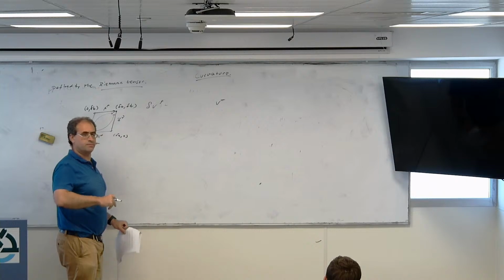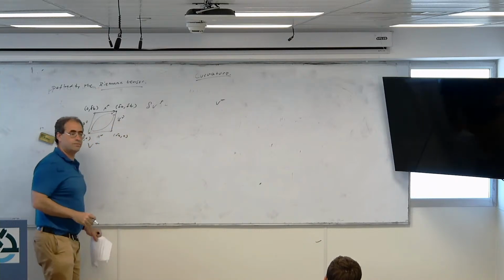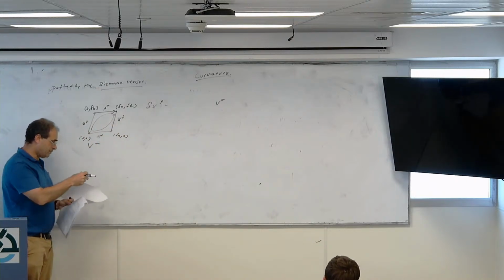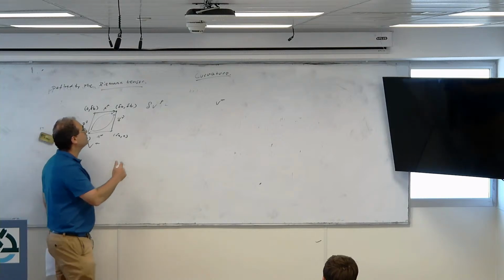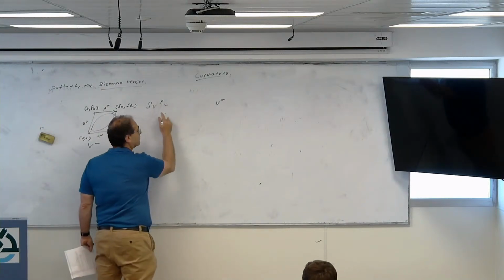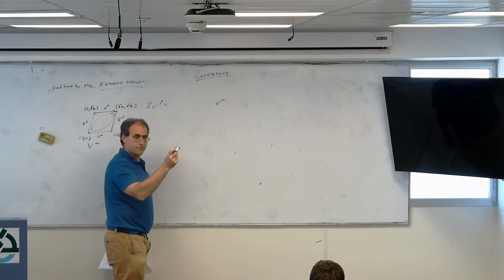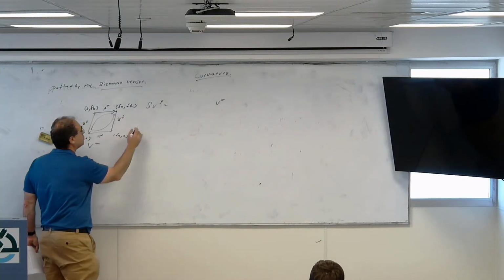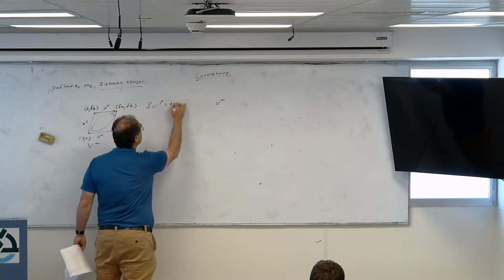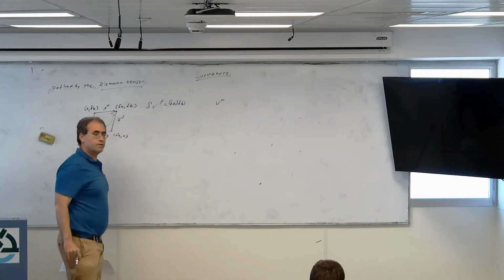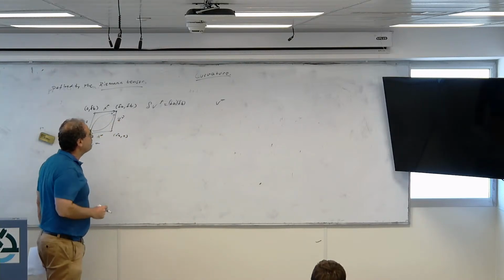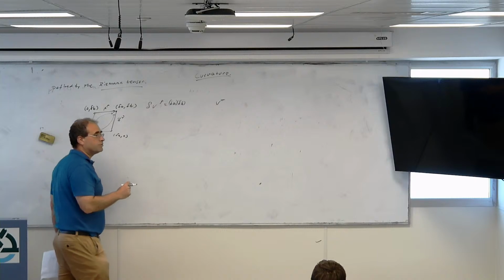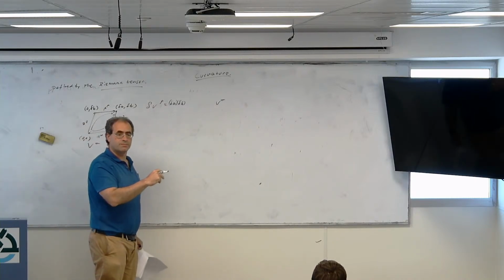This is infinitesimal. So what can I tell about this change? Since everything is infinitesimal, it should be proportional to delta A and proportional to delta B. It should be linear in V, which means there should be a tensor which has one upper index and one lower index.